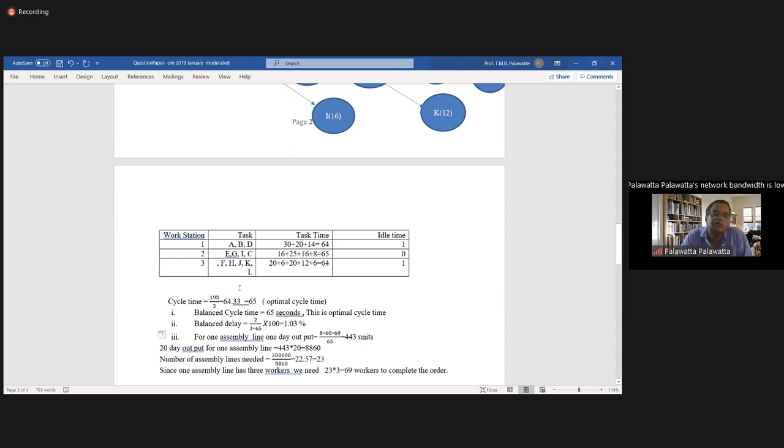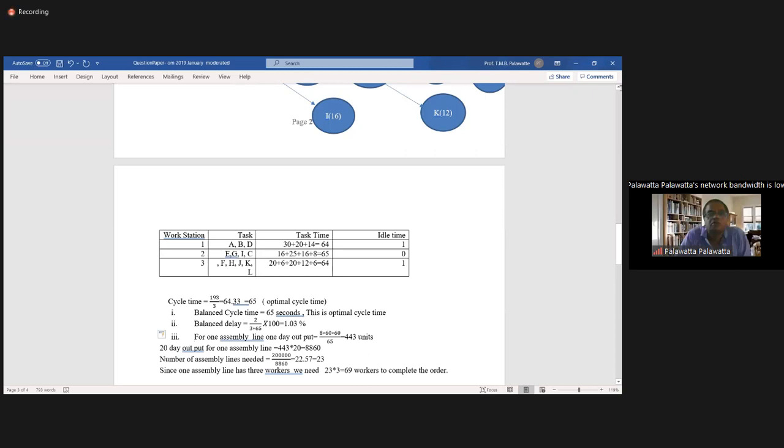And then you round it up to find the practical cycle time, because task times are given in integer numbers. So you have to have a cycle time that is an integer. So I'm keeping this 65 in mind.